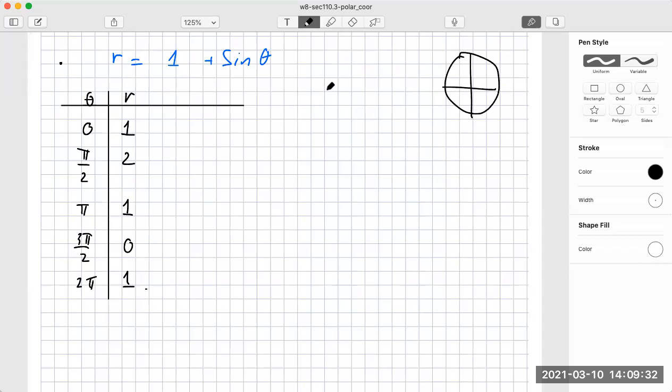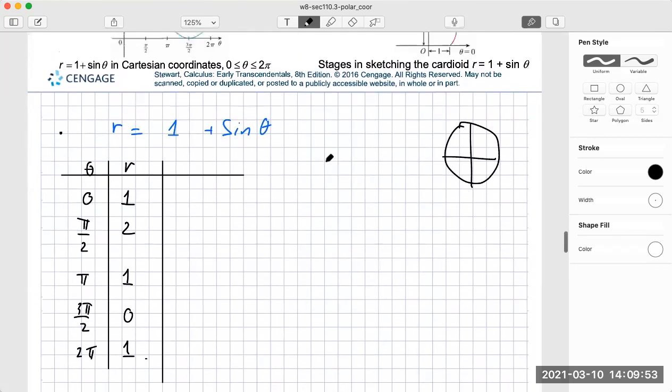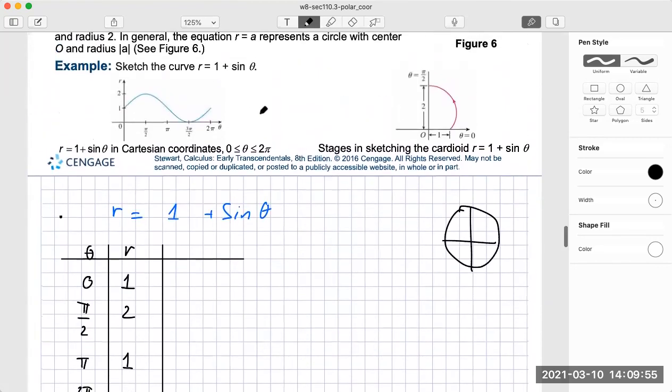And in Cartesian coordinates, look at this.